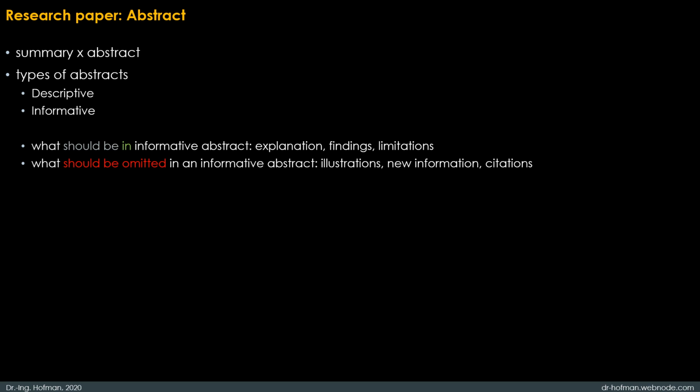A summary restates the main findings and conclusions of a paper and is written for people who have already read the whole thing. An abstract is a shortened version of the paper written for people who may never read the full version. Since abstracts are often reprinted in abstracting journals, separated from the original paper, they need to be self-explanatory.